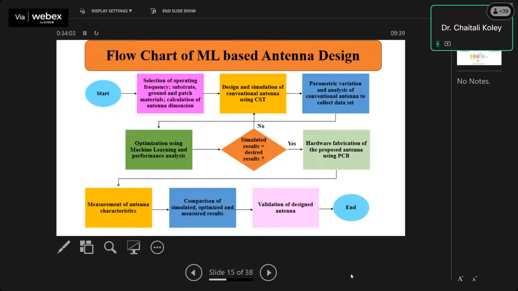If no, the similar procedure is followed again. Then we do antenna measurement of the antenna characteristics, compare the simulated, optimized and measured results, and then validate the designed antenna. So this is the overall flow chart of machine learning based antenna design.